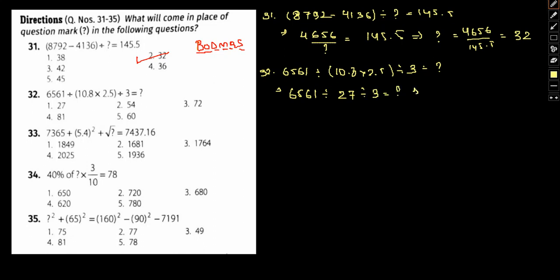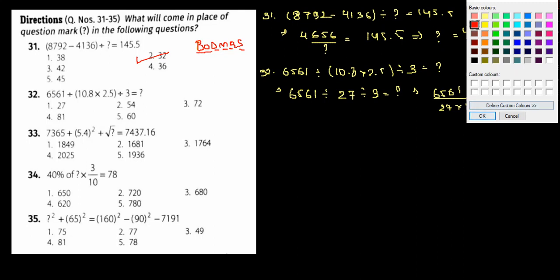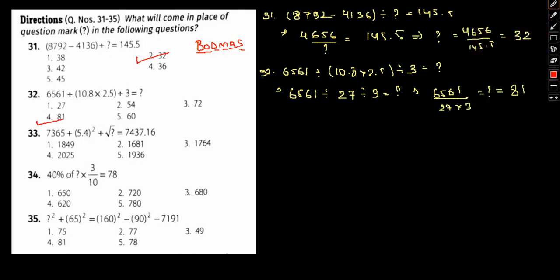So the question mark can be further written as 6561 by 27 into 3. Therefore the question mark would be equal to 81. Sorry, not 91, 81. 81 will be the correct option. So the correct answer would be option 4, 81. Okay, I hope this is clear.